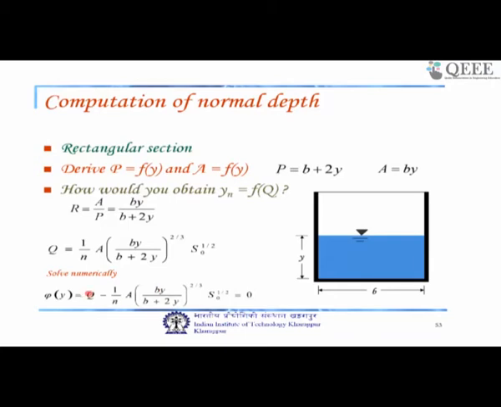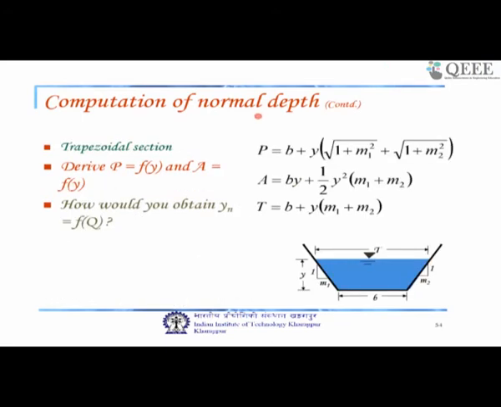That means in this case the quantities which are given are Q, n, which is Manning's roughness coefficient, and S naught, the bed slope. That means three quantities are constant: Q, n, S naught.